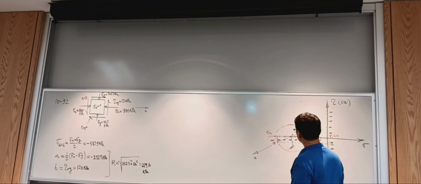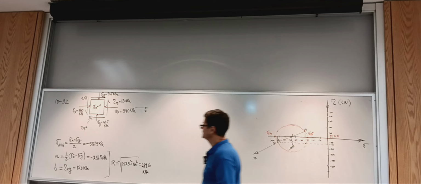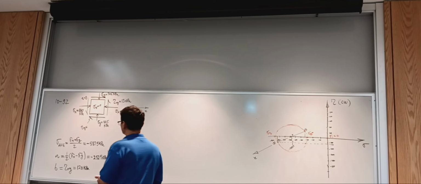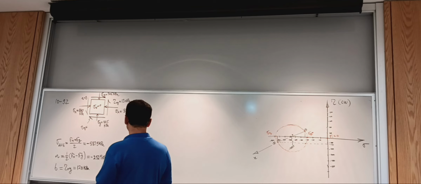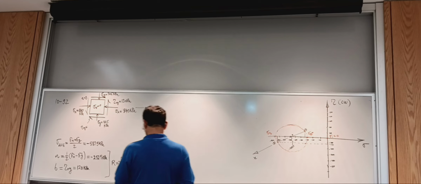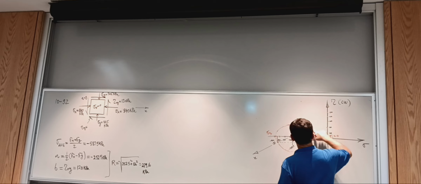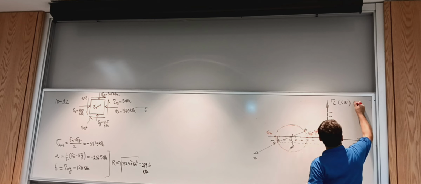So what is sigma 2 equal to? It's going to be the center of the circle plus the radius. So negative 587.5 plus 279.6 equals negative 307.9, about negative 308 kilopascals.